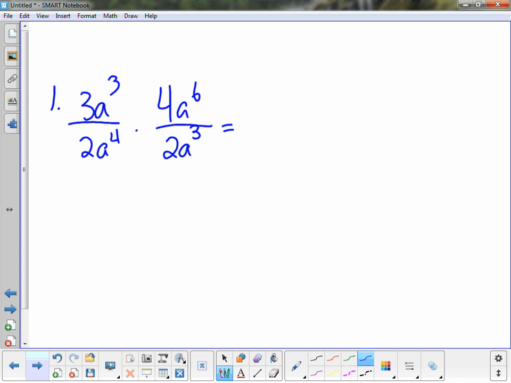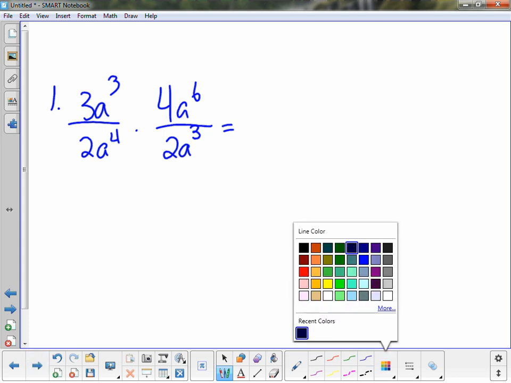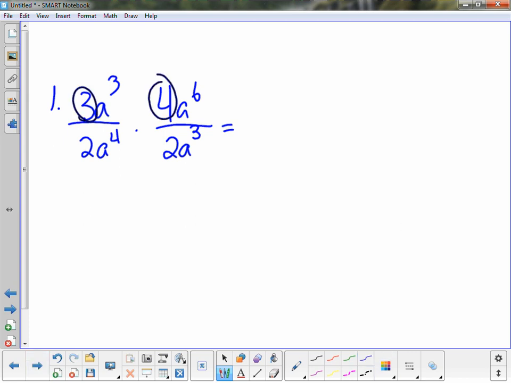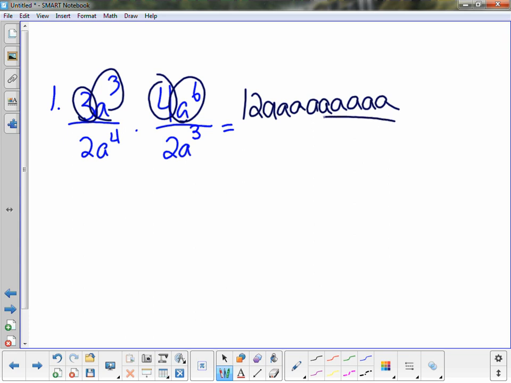I'm going to take 3 times 4, and that's going to give me 12. And then I'm going to take a to the 3rd and a to the 6th. You could also look at that as adding the exponents, which would give you 9 total a's. Then on the bottom, I'm going to take 2 times 2, which is 4. And then I'm going to have 4 a's and 3 a's.